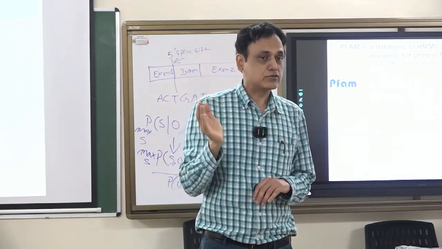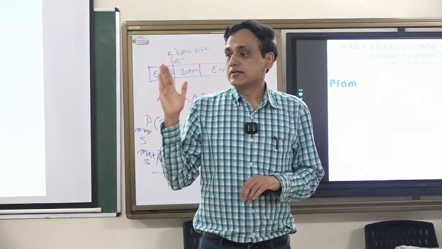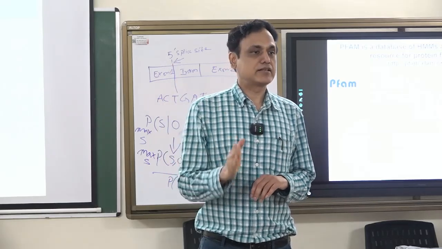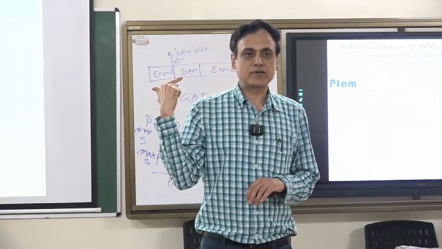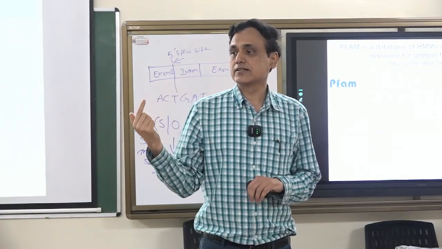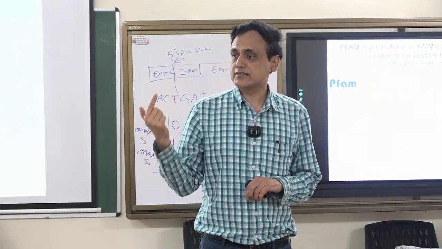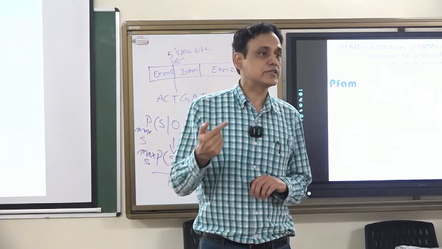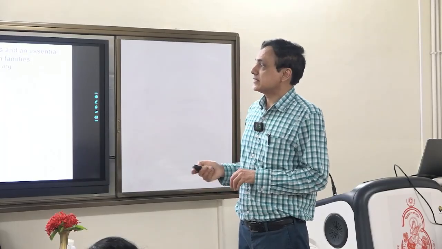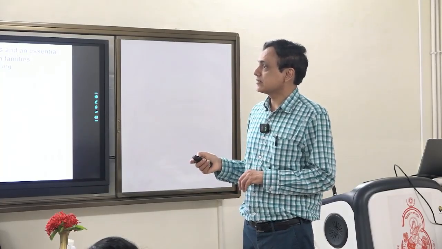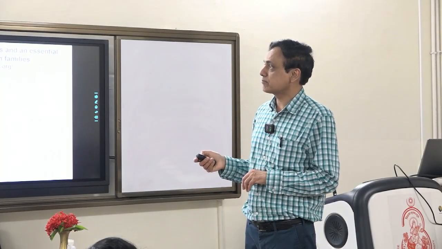Okay, so that will be predicted using profile hidden Markov model. So you can go to PFAM, you can input your sequence, and PFAM will predict the protein family that the sequence belongs to, and also the conserved domains that are present in the sequence. Okay, so this you will do when you are working on tutorial problems.